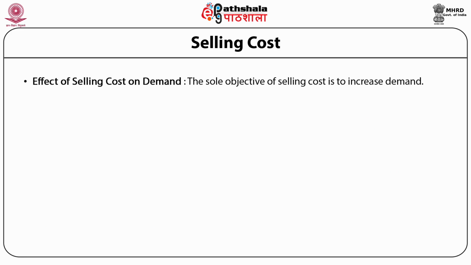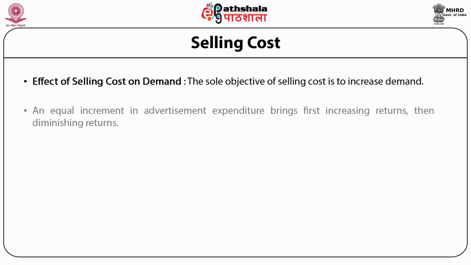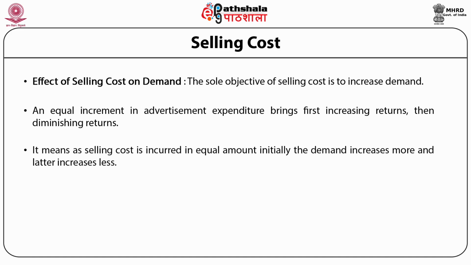Effect of selling cost on demand. The sole objective of selling cost is to increase demand, and a unit increment in advertisement expenditure brings first increasing returns, then diminishing returns. It means that if selling cost is incurred in equal amounts, initially the demand increases more and later increases less.